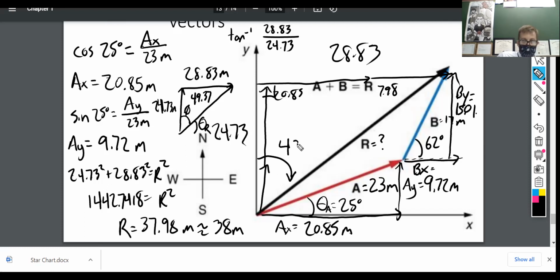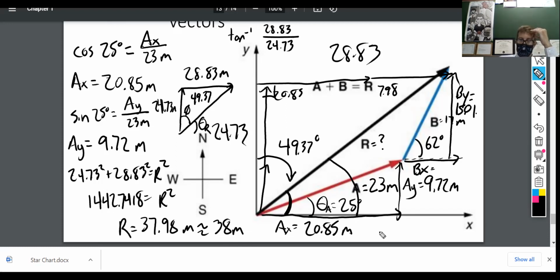If this much is 49.37 degrees, well, how much does R open up from horizontal, from the positive x-axis, the way that we've written these? Well, it would just be 90 minus that, right? Because those are complementary angles. And so the final answer is that vector R is 38 meters, but its angle right here is 40.62 degrees above horizontal.